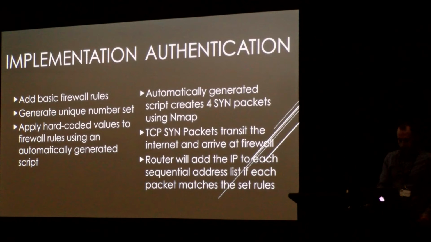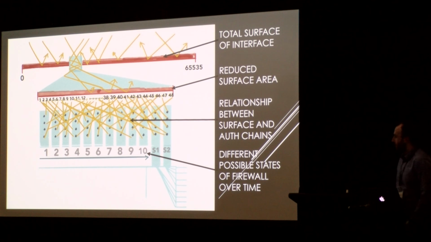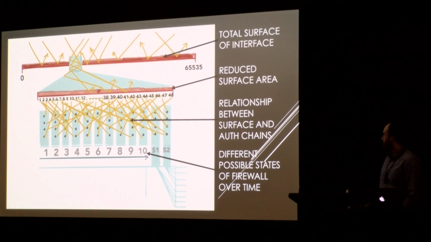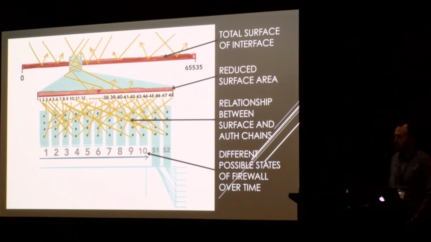But moving on. Here's an overview of how I see the system. You have the surface of the interface: 65,000 ports on any connection and on any interface. Then you have an aperture, so you have a reduced surface area.